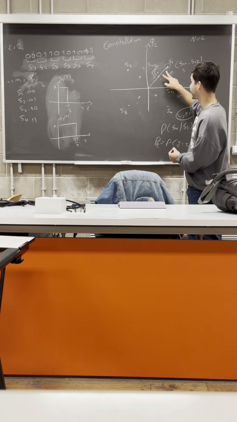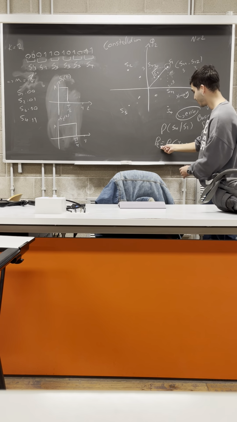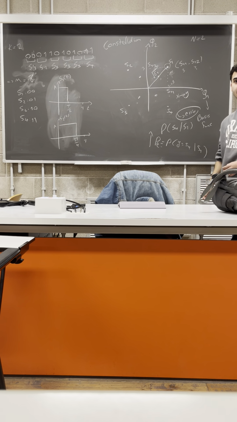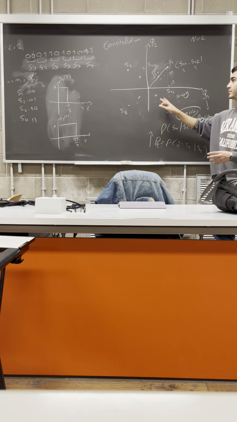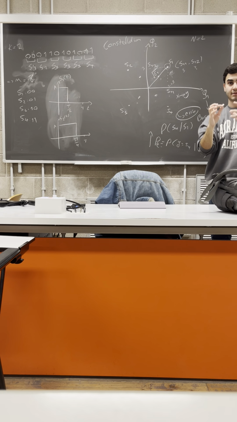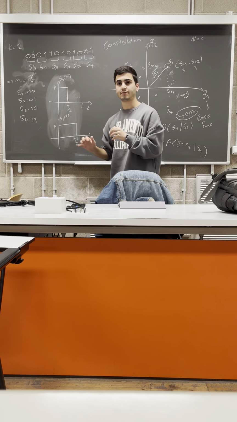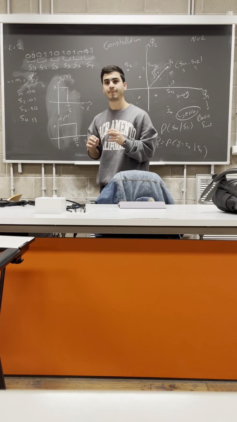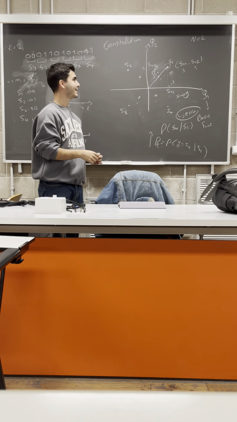You see that the points are getting closer to each other, so the probability of error will go higher. The probability that I get S4 in case of S1 would be higher, because now my points are near each other. The energies are similar. Did you get that?